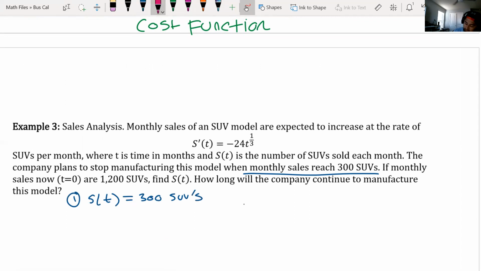The second clue given says that if at 0 months we have 1,200 SUVs, which is right here. So this is another clue given. This says S of 0 gives me 1,200 SUVs. Okay, so those clues will come in later. Now let's find S of t.